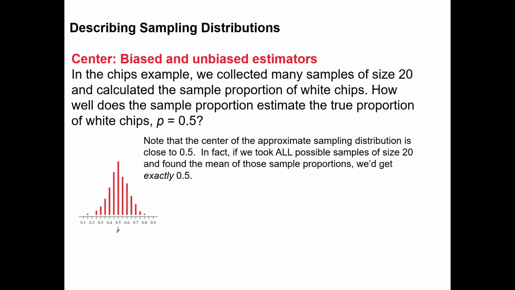Actually, that's more like a dot plot, but we would have gotten something that looked a lot like that. And you'll notice that the center of that is right on 0.5. So if we had taken a true sampling distribution, meaning all possible samples of size 10 chips, the mean of all those proportions would have been exactly 0.5.